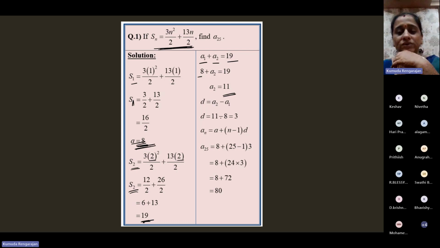Then we find the common difference. A2 minus A1 is 3. Now, we know that An is A plus n minus 1 into D. So A25 is A plus 25 minus 1 into D. Substitute the values for A and D. A25 is 80.